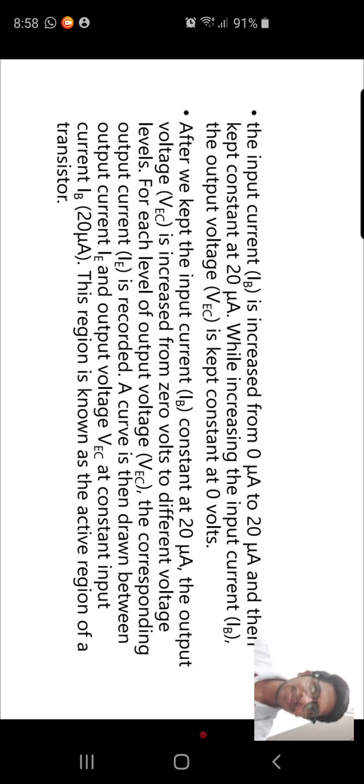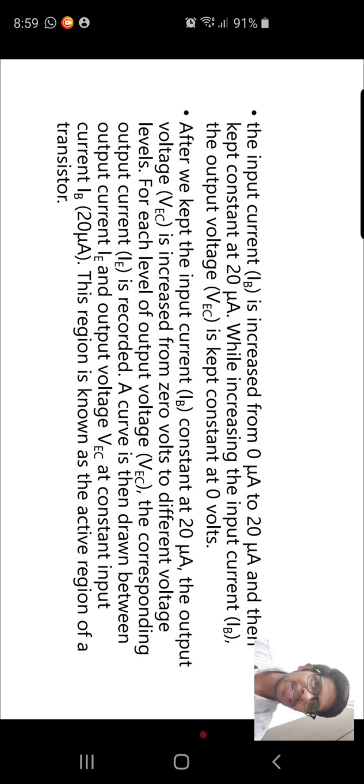After keeping the input current constant at 20 microamps, the output voltage VEC is increased from 0 volts to different voltage levels. For every level of output voltage VEC, the corresponding output current IE is recorded. A curve is drawn between output current IE and output voltage VEC at constant input current.